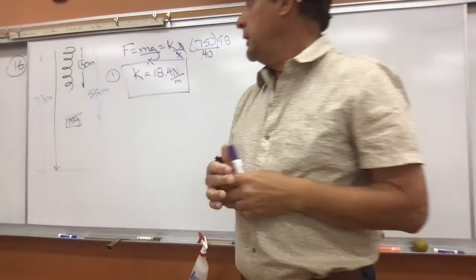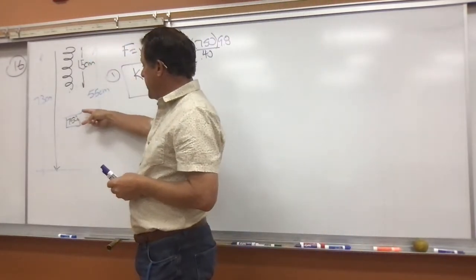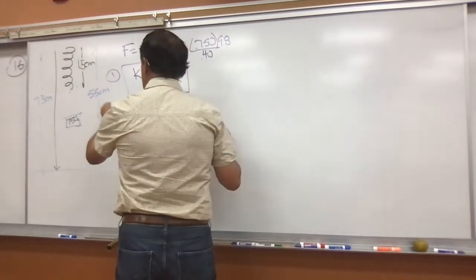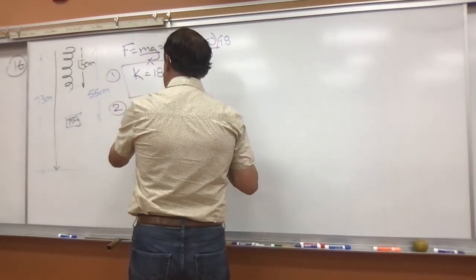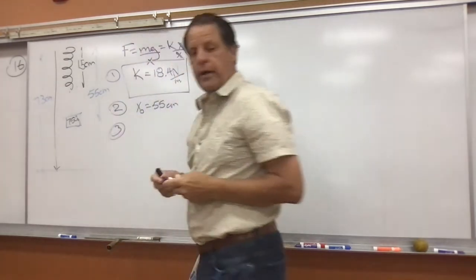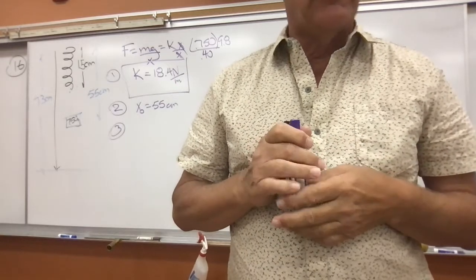Now, where is the equilibrium point? Okay, the equilibrium point, if we leave it this way, it's balanced right there. So question number two, the equilibrium point is at 55 centimeters. Okay. And then what is the amplitude of the subsequent vibration?